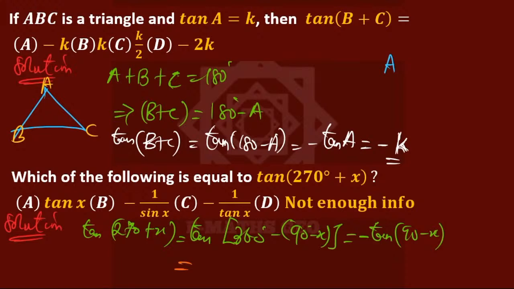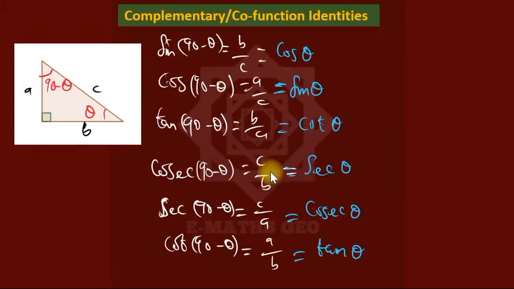From the cofunction identity, tan (90 minus x) is cot x. From the cofunction identity, always remember this. Always remember the cofunction identity. Very important. Tan (90 minus theta) is cot theta.